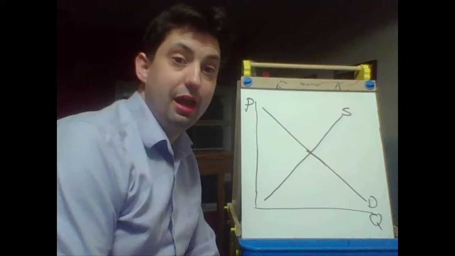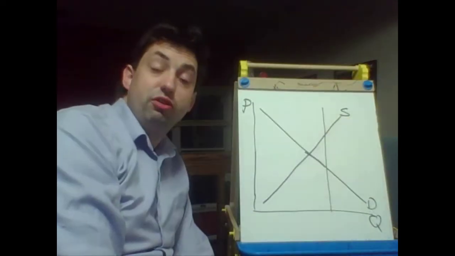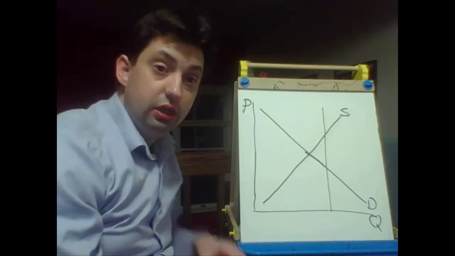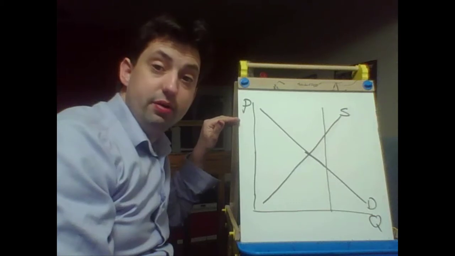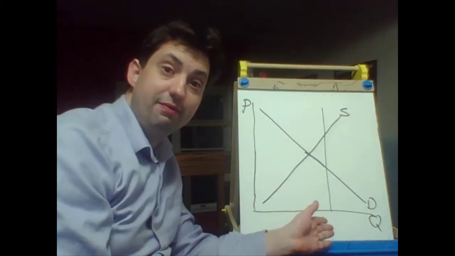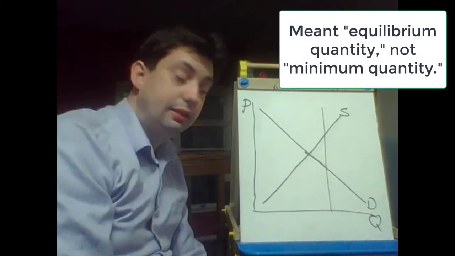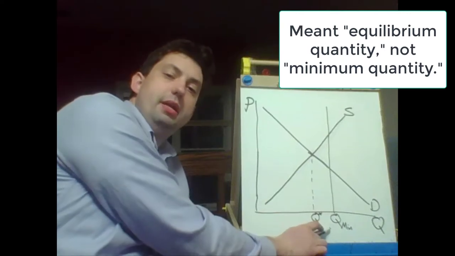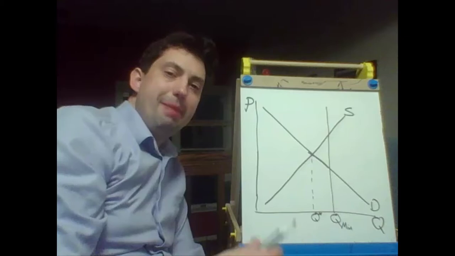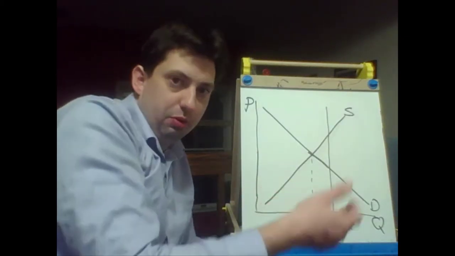So if we establish a minimum production quota, much like a price floor, which is only meaningful if it is set above the equilibrium price, a minimum quota is only meaningful if it's set above the minimum quantity. So I'm going to write min for quantity.